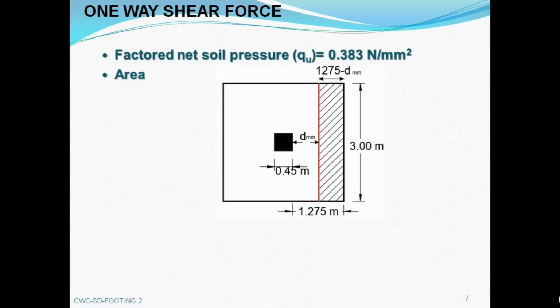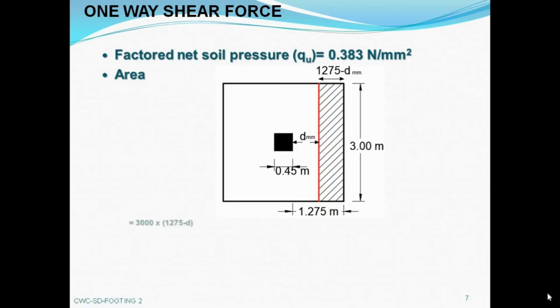The critical section is marked as red line in the figure, and we can take area on any side of this critical section. But in this case, it is convenient to use the shaded area because if we are considering the other side, we have to take care of the axial load in addition to soil pressure in our calculations.